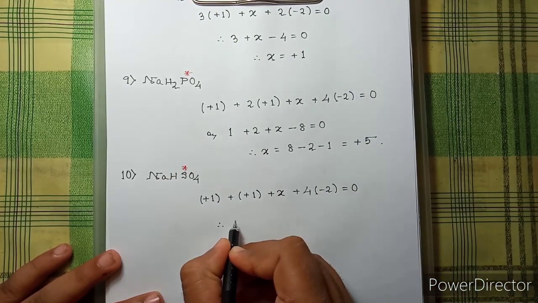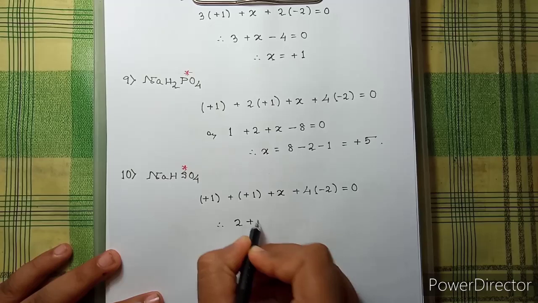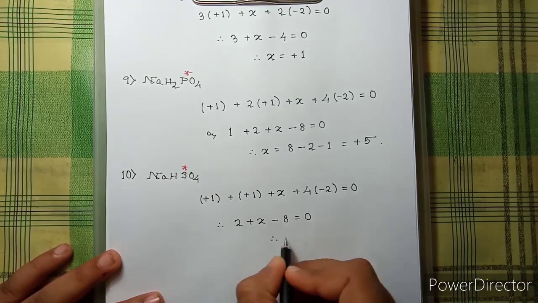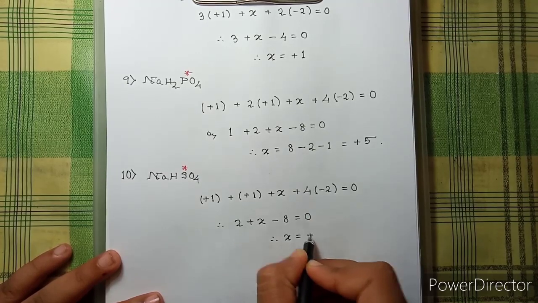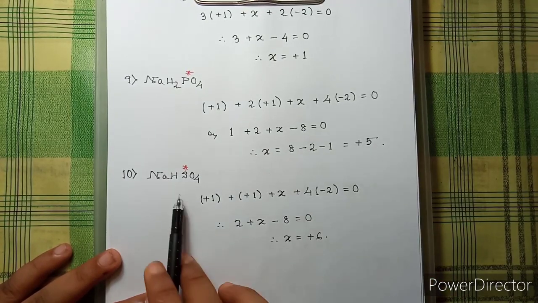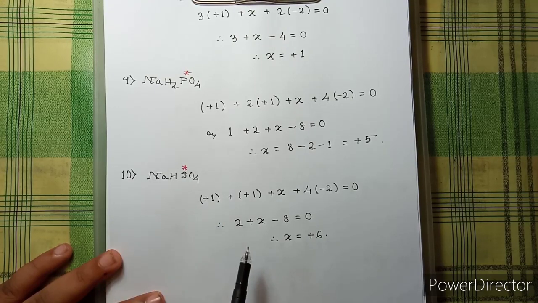Therefore 2 plus X minus 8 equals 0. So X equals plus 6. Here the oxidation number of sulfur present in this sodium hydrogen sulfate or sodium bisulfate molecule is plus 6.